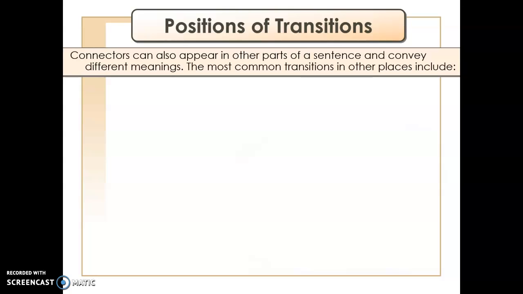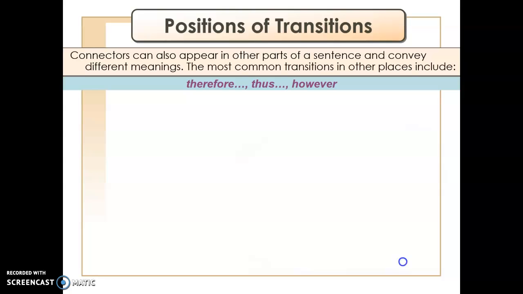In this lesson, we have learned mostly about how to use transitions at the beginning of our sentences to connect ideas to previous ideas, as well as a connector in the middle of two independent clauses. Now, the most common transitions that occur in other places typically include words like therefore, thus, and however.